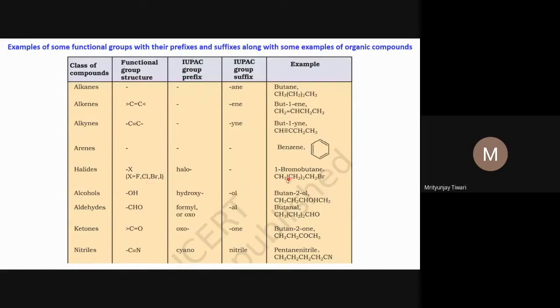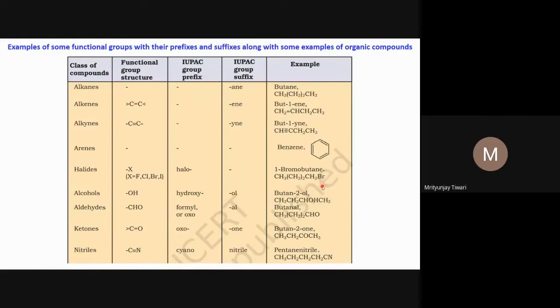So if you see this example, CH3 CH2 CH2 CH2 Br. What we see is four carbon atoms: one, this CH2 group is 2, then 3, and 4. Four carbon atoms, and this Br group is attached at the terminus. This Br can be at this position, we can also put it at the second position, and if we put it at the third position, then the numbering will start from this side.